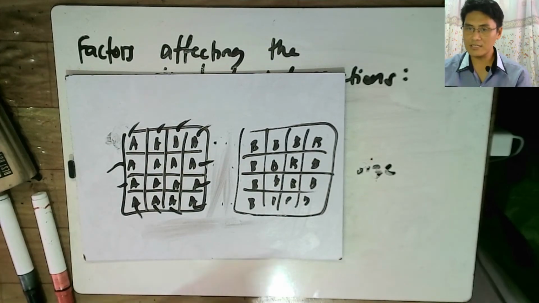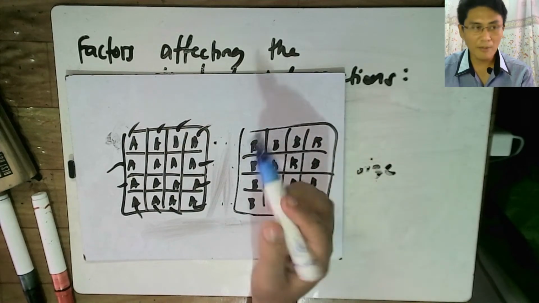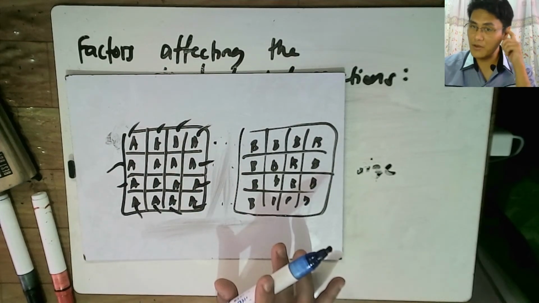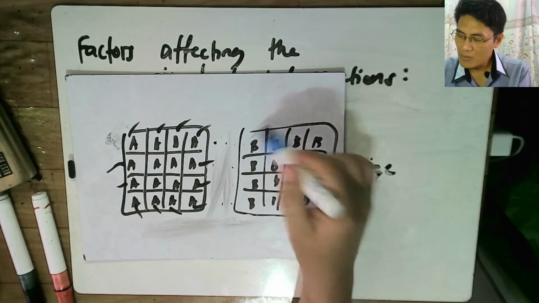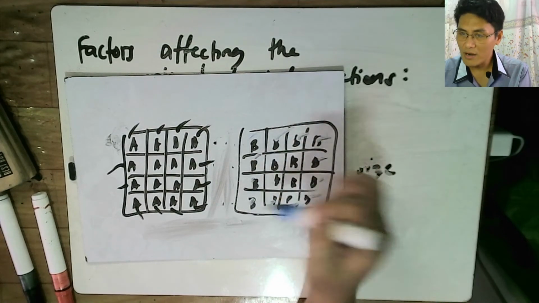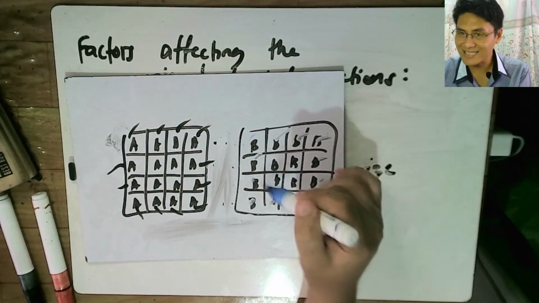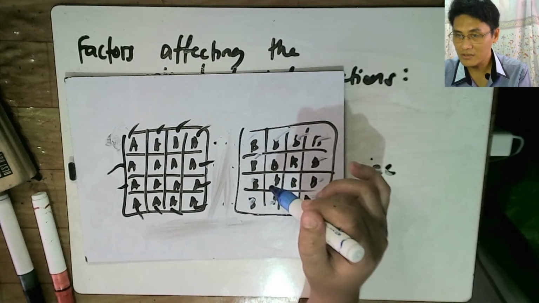But the idea is the center atoms cannot collide. And remember, collision is the main theory. You have to collide with the other reactants to form products. For B, 1, 2, 3, 4, 5, 6, 7, 8, 9, 10, 11, 12. 12 are available for collision, but the 4 are locked in. They are not available for collision, right?